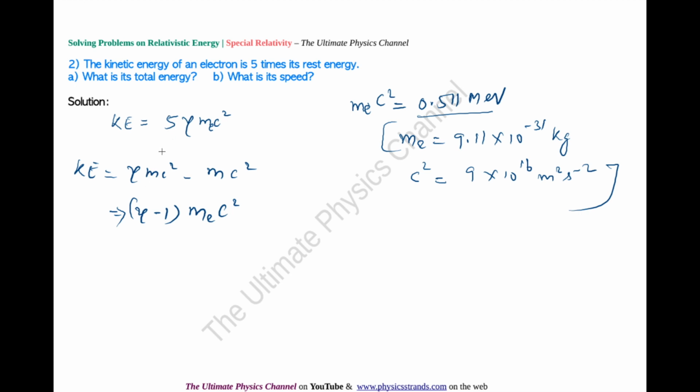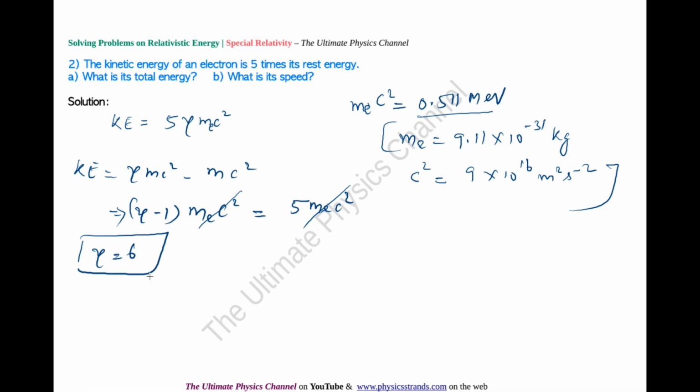So the kinetic energy is given by this expression, and this is equal to 5 times the rest mass energy, which is mec squared. Therefore, straight away we can say that these two quantities tally out, and therefore we have gamma equal to 6, because gamma minus 1 is equal to 5.